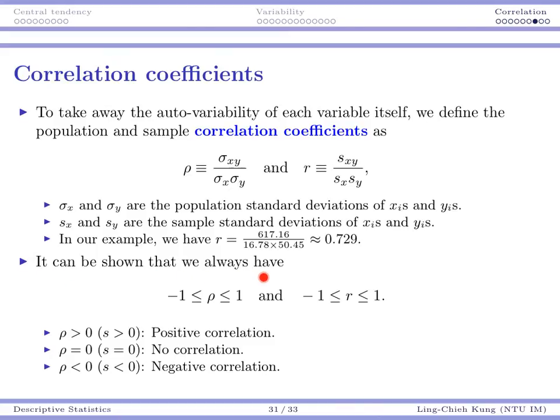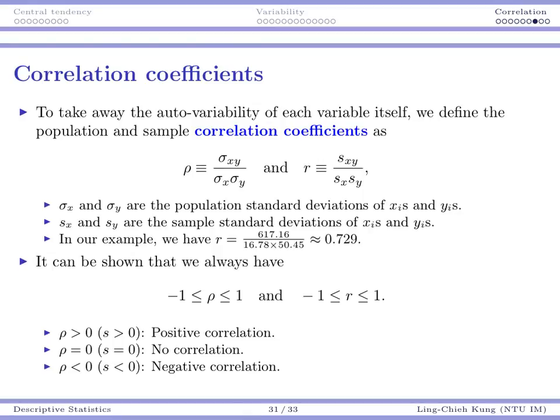Mathematically, we can show that the correlation coefficient, rho and r, is always within -1 and 1, which is very good, because depending on the magnitude of these numbers, we can get a feeling about how strong the correlation is.